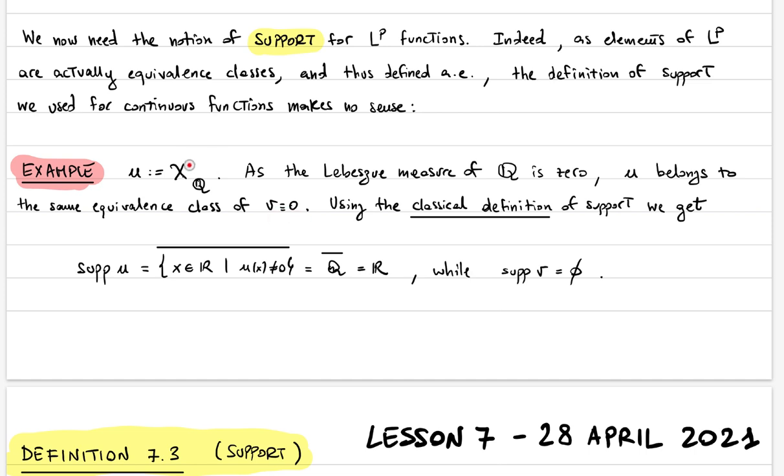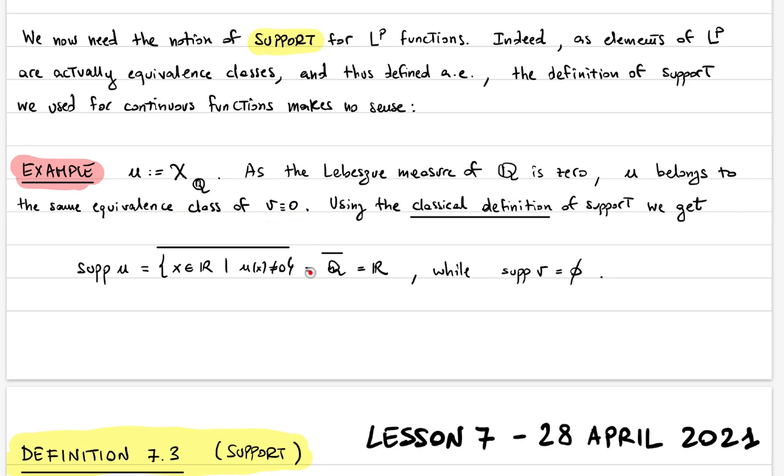So as you can see, these two functions are in the same equivalence class, but their supports are very different. The support of u is the whole real line, while the support of v is the empty set.